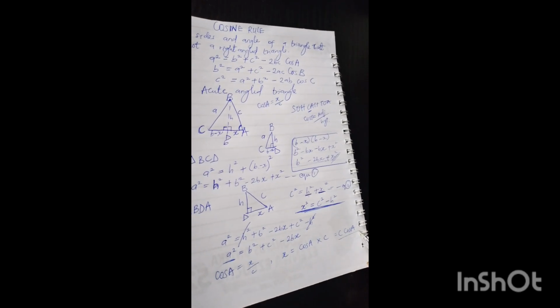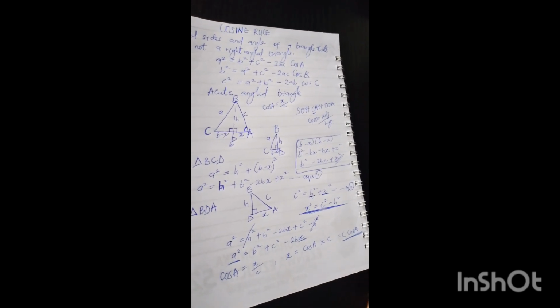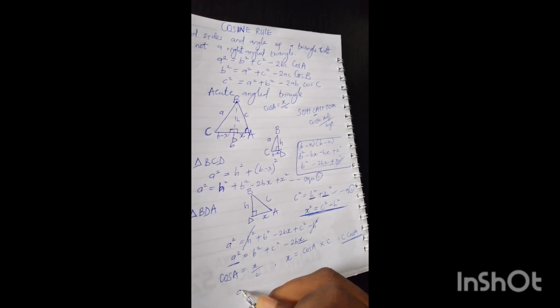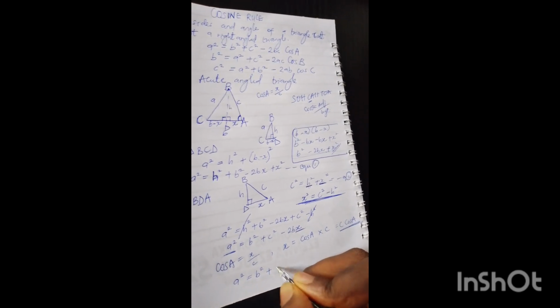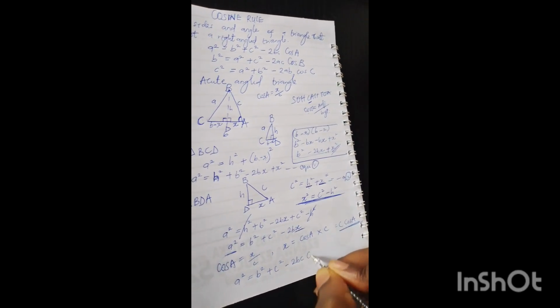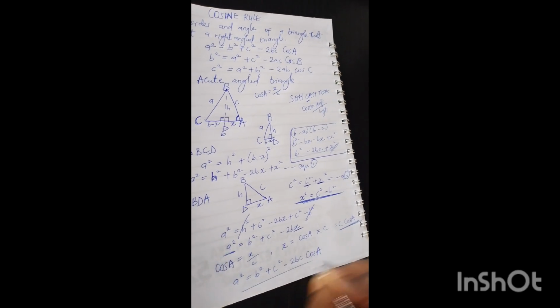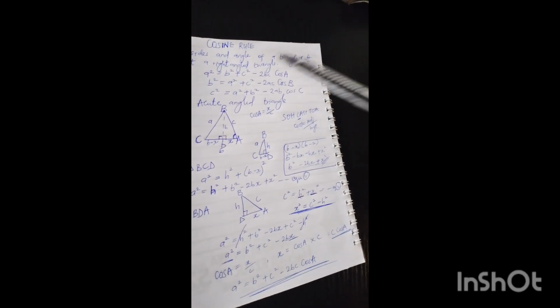Now I'm going to be substituting this into this place that I have my x. So if I should substitute it, I'm going to be having that a squared is equal to b squared plus c squared minus 2bc cos A. And this is simply how we prove that cosine rule works for an acute angle triangle.